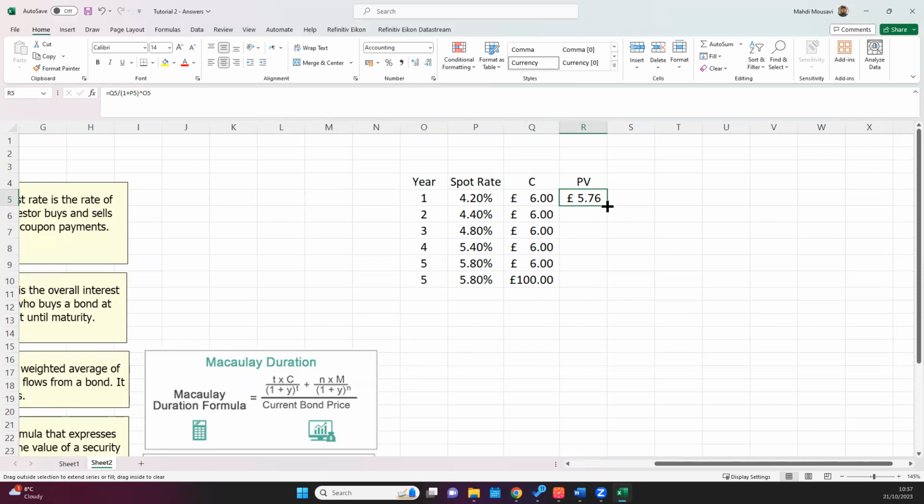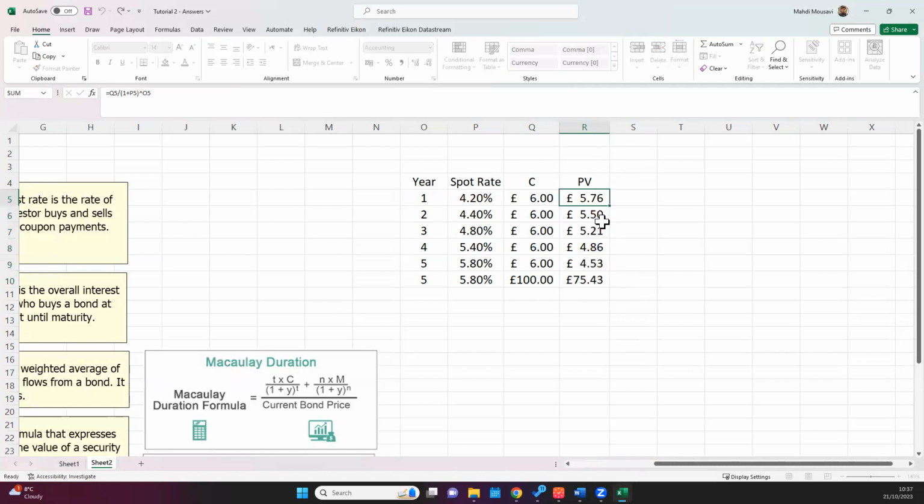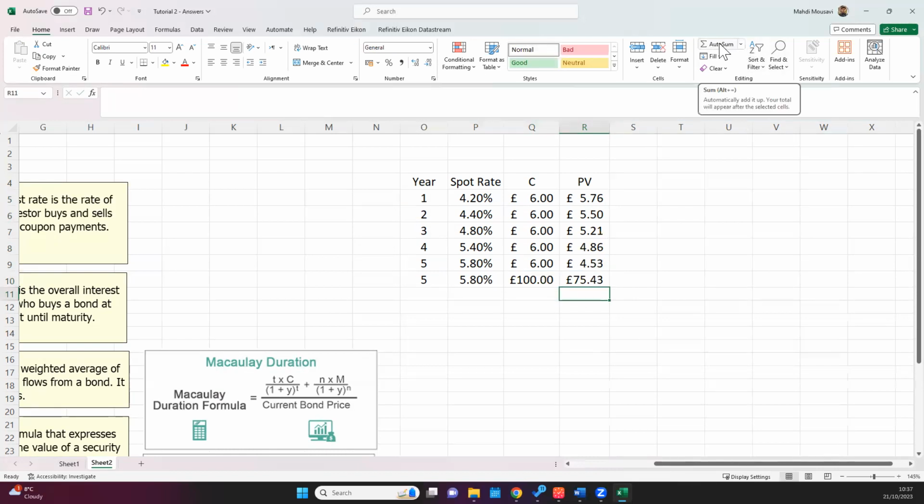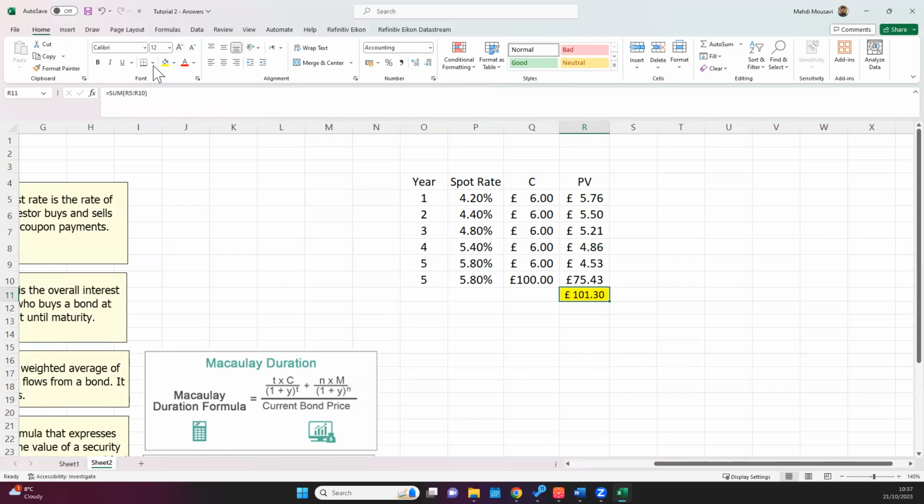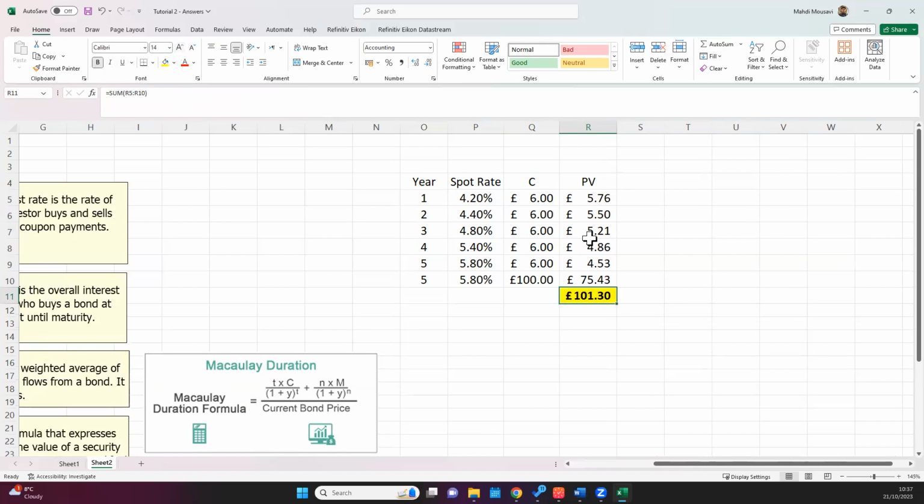5.76. If I drag this small square in the bottom right side of the cell, it would repeat itself and copy the formula from the first cell downward. So we have the present value of the cash flows. And if I press auto sum here, we have the price of this bond, which, as I said, is the present value of the future cash flows.